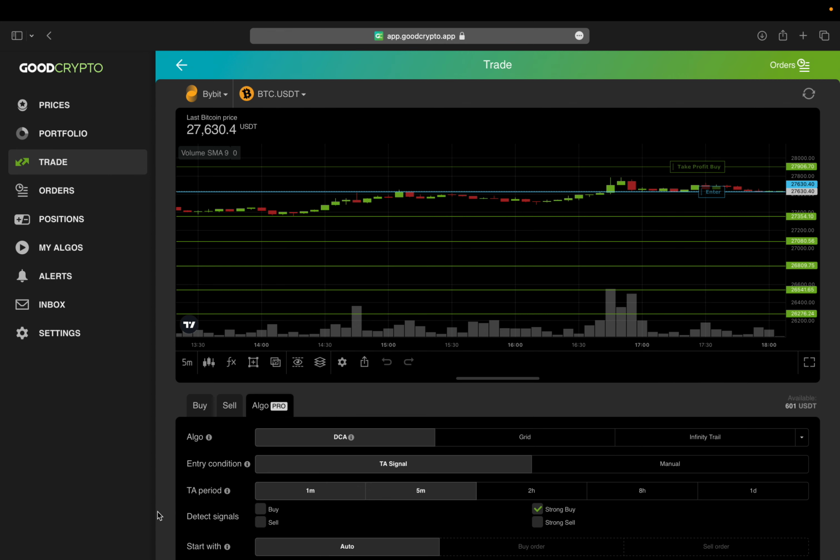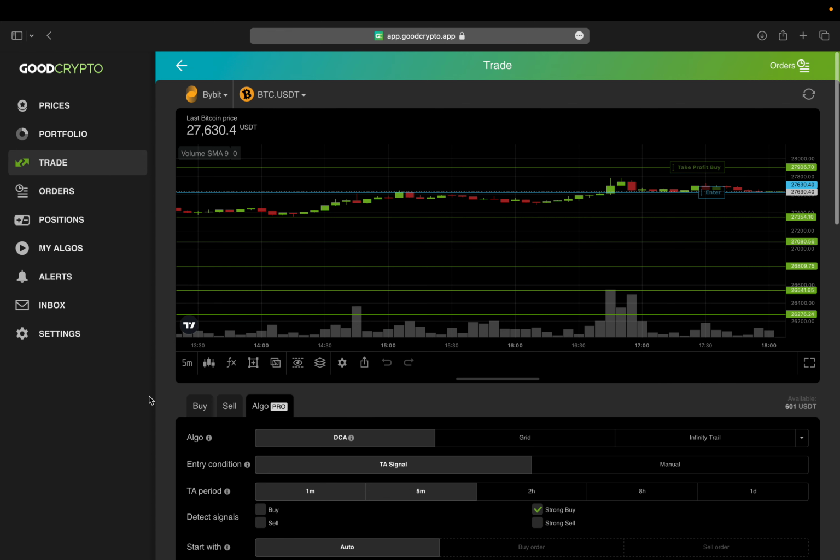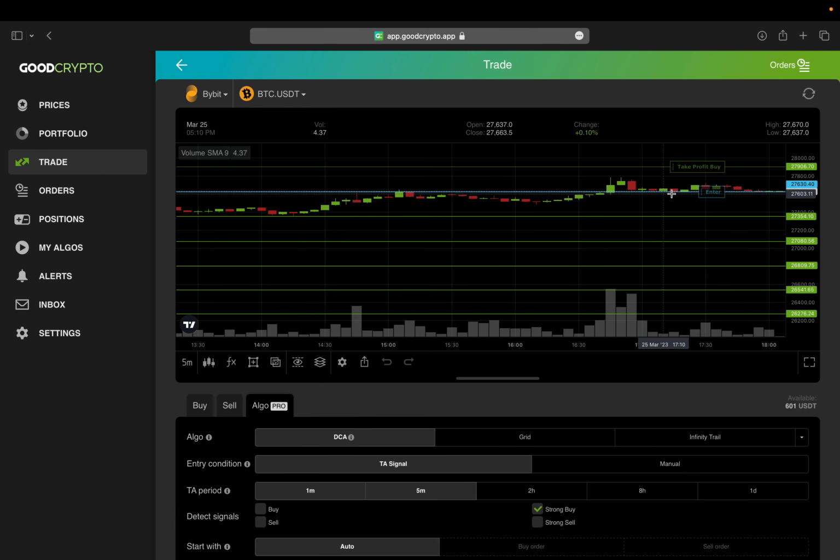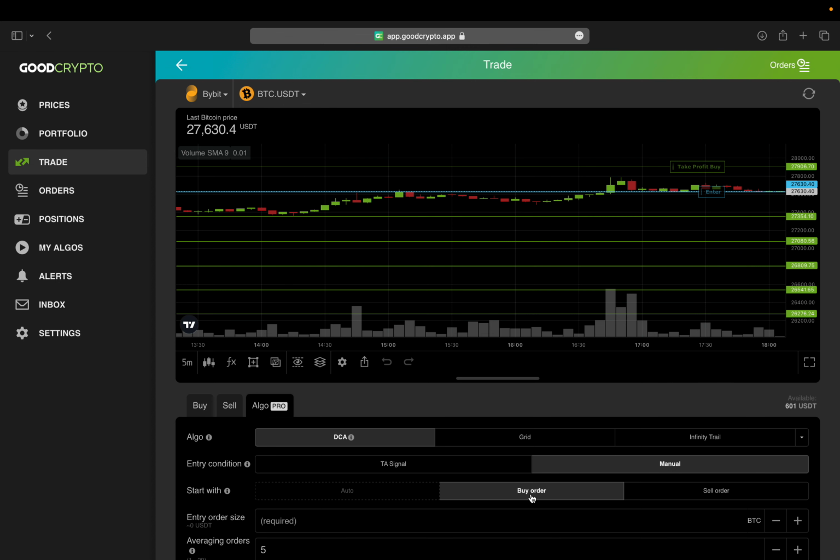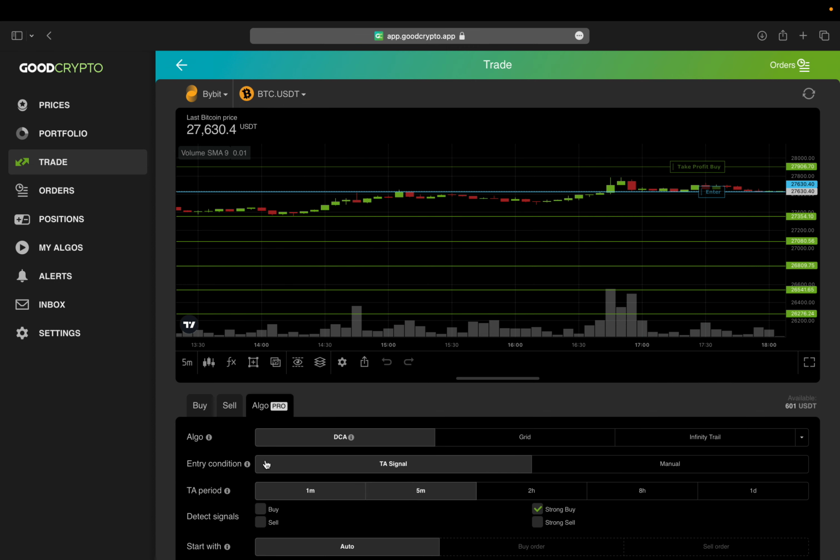So to sum up, again, DCA Algo, DCA Bot, what it does, it enters a position either by your direction if you tell it to enter with the buy or sell order, or according to some automated signal that it receives. Once it enters the position, it places additional orders that basically increase your position at a better price if the price keeps moving against you.